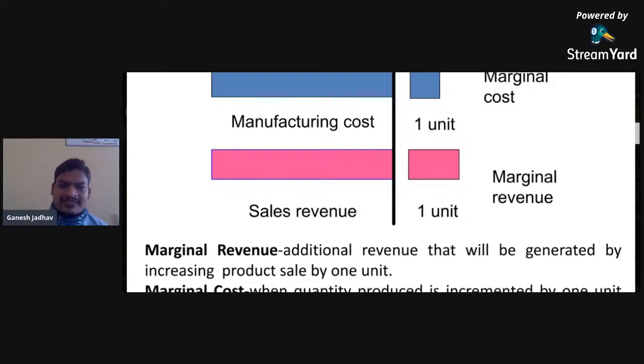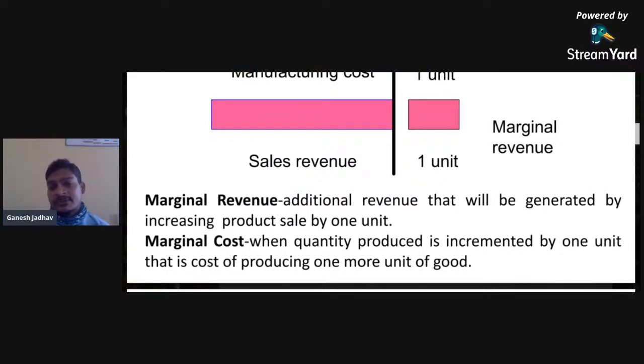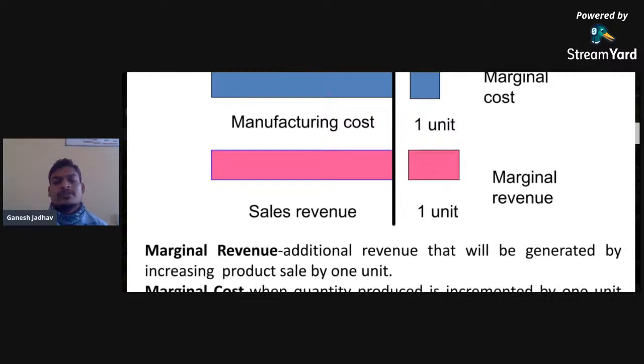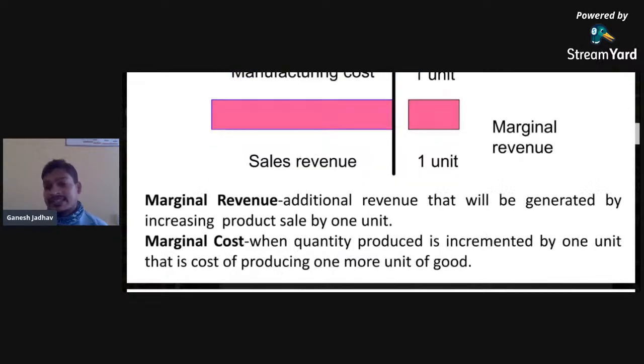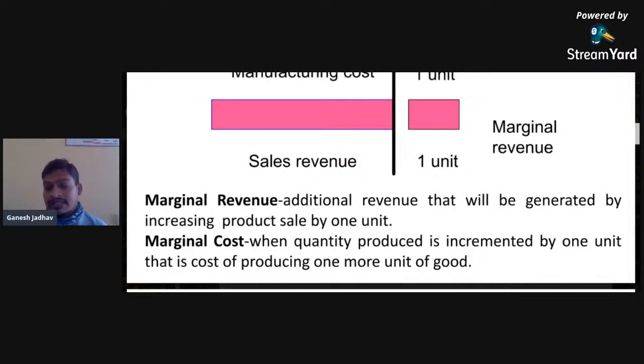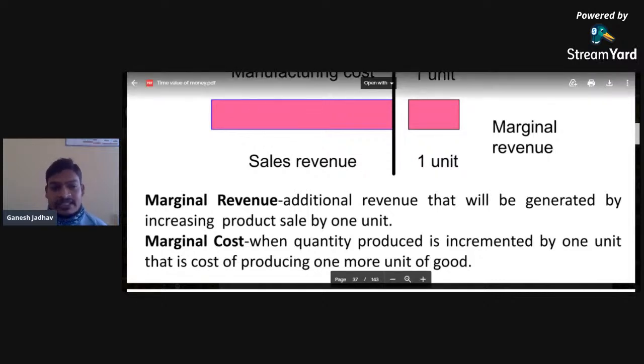Marginal revenue is the additional revenue generated by increasing product sales by one unit, and marginal cost is the cost of producing one more unit when the quantity of the product is incremented by one unit.